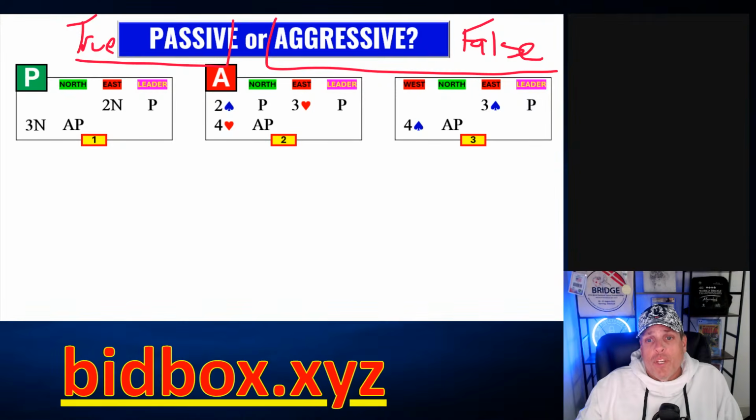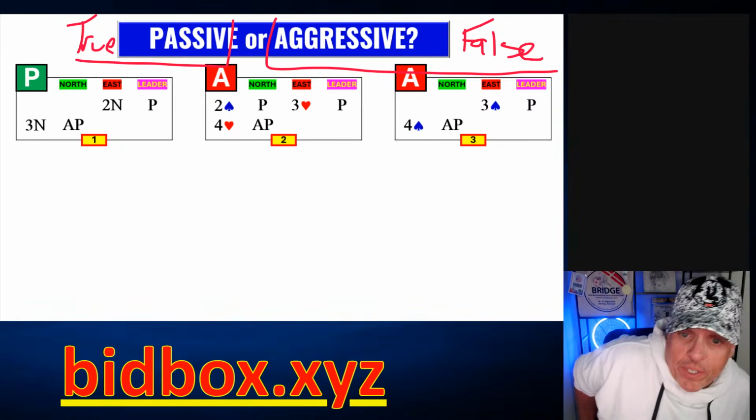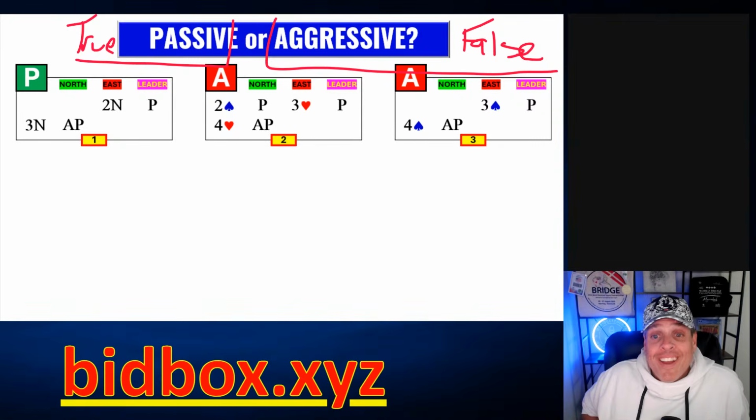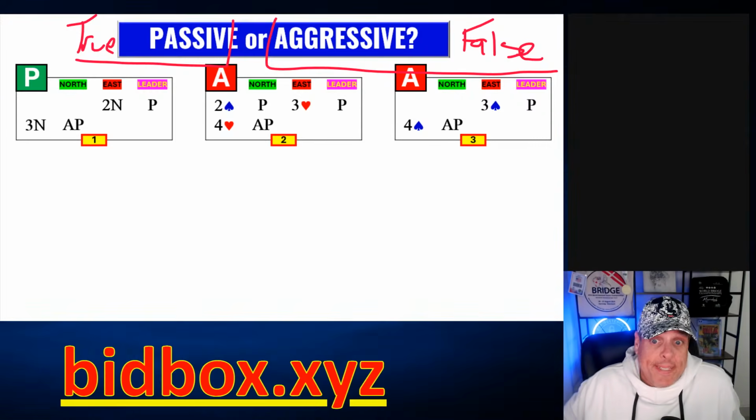All right, so 3 spades, pass, 4 spades. Just the general question: should we be passive, true, or aggressive, false? This is aggressive, folks. It is aggressive, okay? And it is aggressive for 2 very good reasons. Number 1, shape. The more shapely one or both of the hands are, the more aggressive we want to be. And we know East has shape.